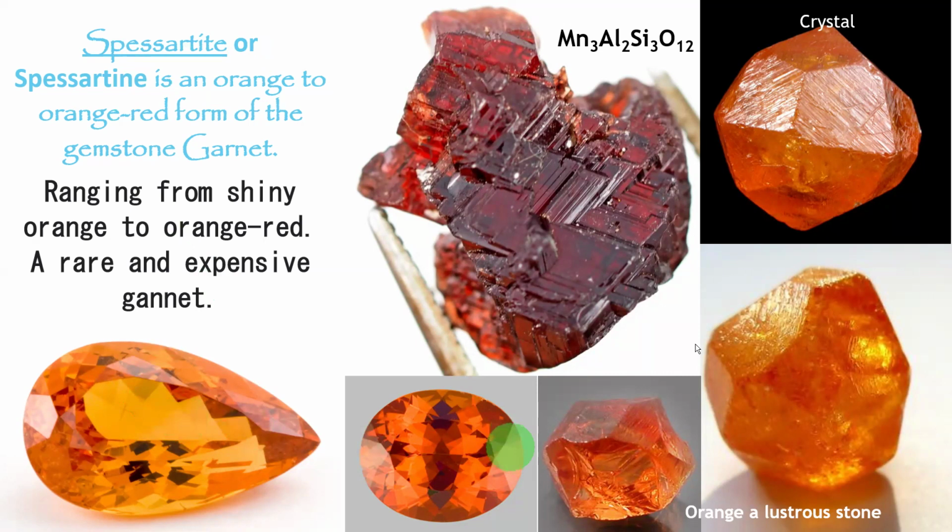The chemical formula is manganese aluminium silicate. The element here is manganese. See the shape, the body shape, the crystal shape. This is the gem we can identify at once with the shape, because this shape is only for garnet. These are spessartine or spessartite garnet.